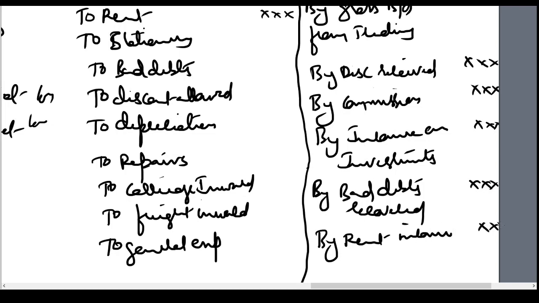So incomes are credited to the P&L account and closed.